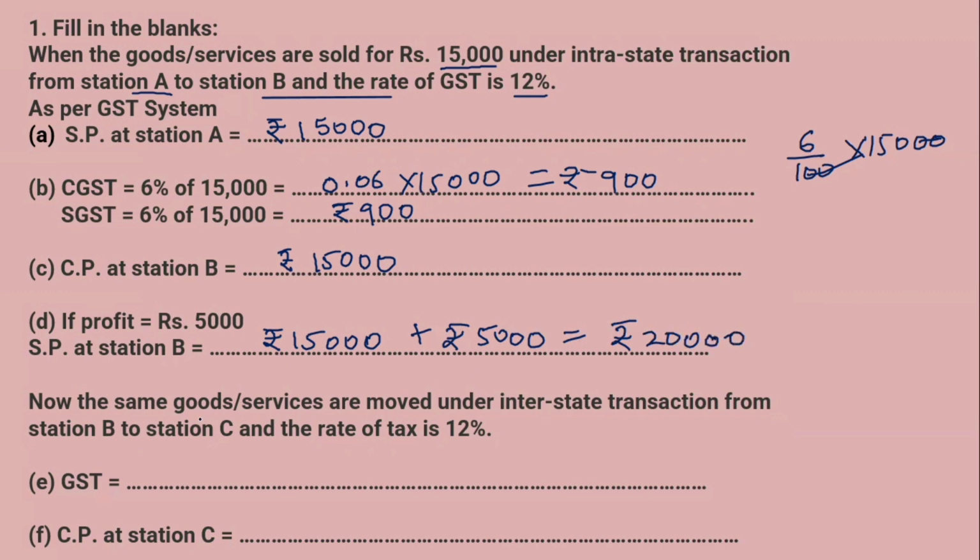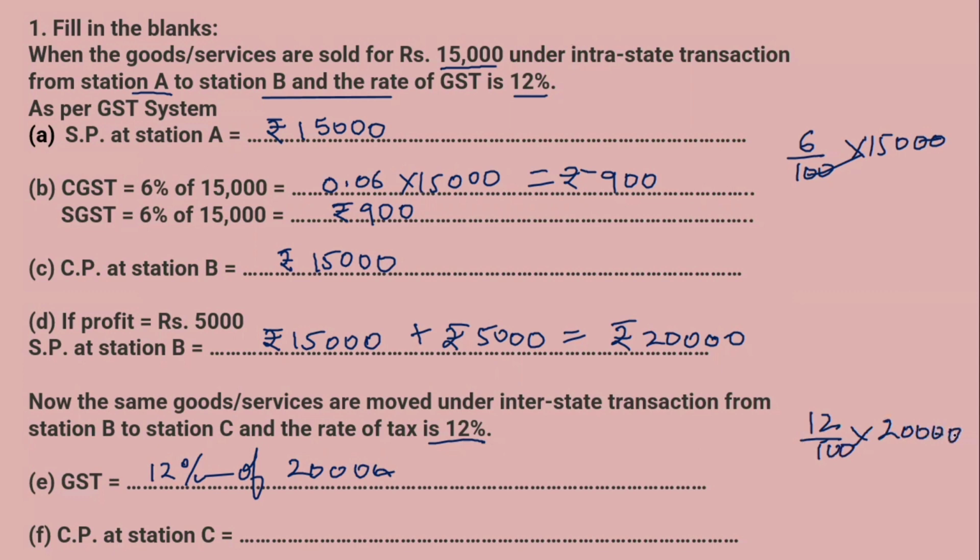Now the same goods or services are moved under an interstate transaction from station B to station C at the tax rate of 12%. So this is the GST, which will be calculated on this 20,000. So it is 12% of 20,000. Let us simplify this: 12 by 100 times 20,000.